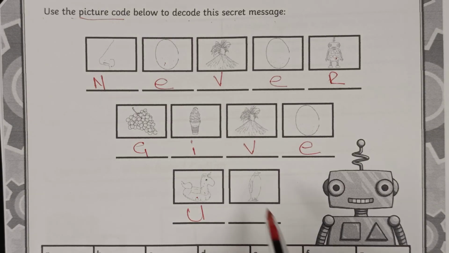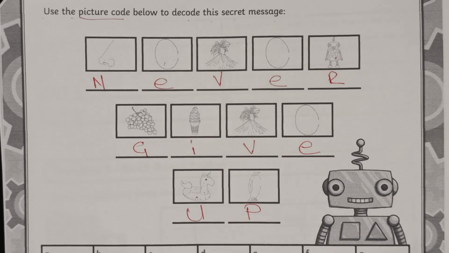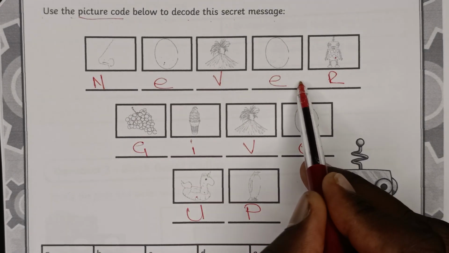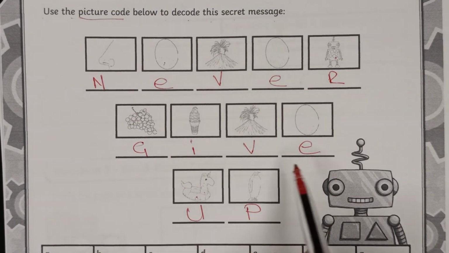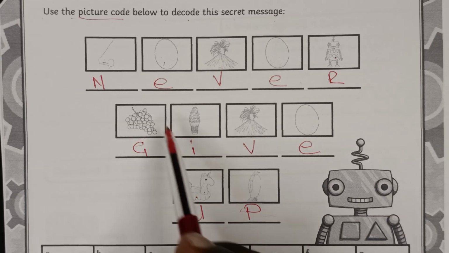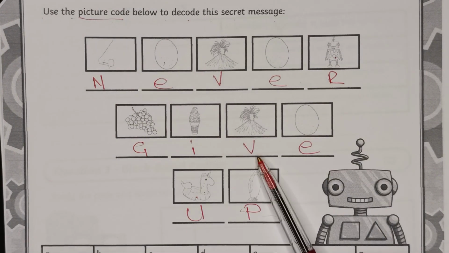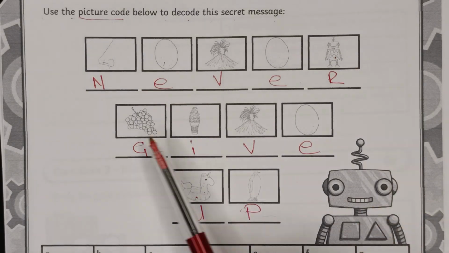And the last picture is a penguin, and we put P. So now let's read the message that they have sent to us. It says, never give up. So the message that they have written here using this picture is never give up.